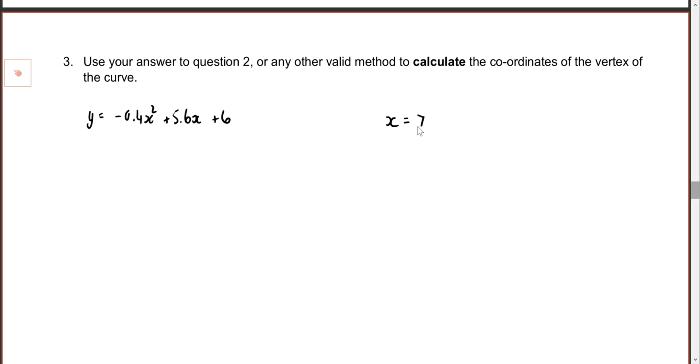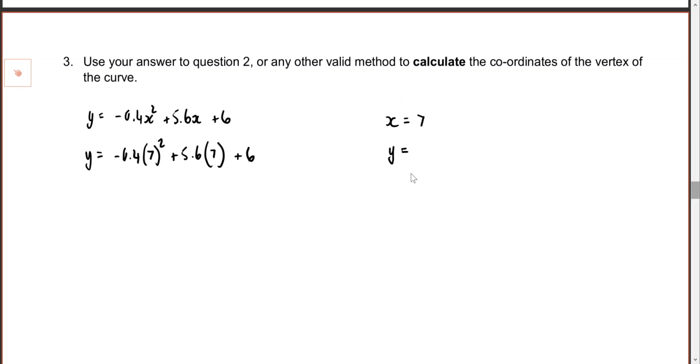Then substitute it in. So we get y equals -0.4 multiplied by 7 squared plus 5.6 multiplied by 7 plus 6. And you get y equals, I can't remember exactly, 20.